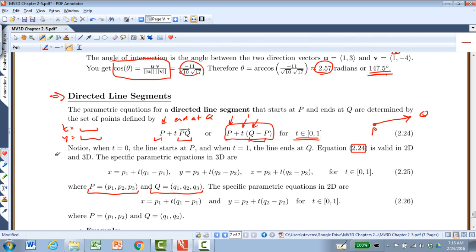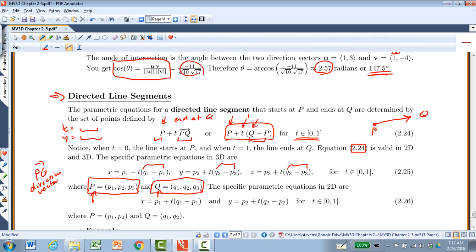Okay, so if I want to go through this point and this point, where I start at P and I end at Q, then I first have to create my direction vector, which is just PQ. The terms in that direction vector look like Q1 minus P1, Q2 minus P2, Q3 minus P3.